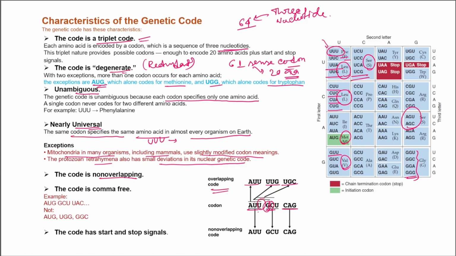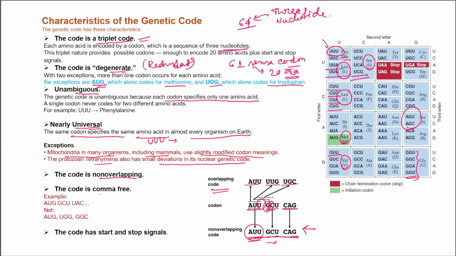If you read the codons one after another, like AUU, GCU and CAG, this is a non-overlapping code. So this ensures a stable reading frame. During translation, the ribosome reads a codon 3 bases at a time and moves exactly 3 bases forward to the next codon.